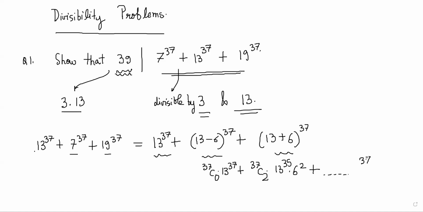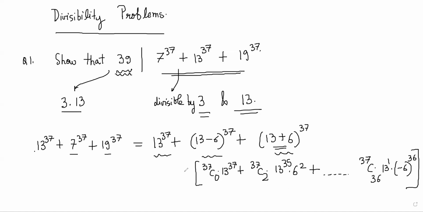The final term will be 37C36, 13 power 1, times 6 power 36, right? And the odd terms will get cancelled because they will have alternating signs. 37C1 will come with a negative sign in one, but in the other, 37C1 will come with a positive sign. So the odd terms get cancelled and you have this stuff that is left here.